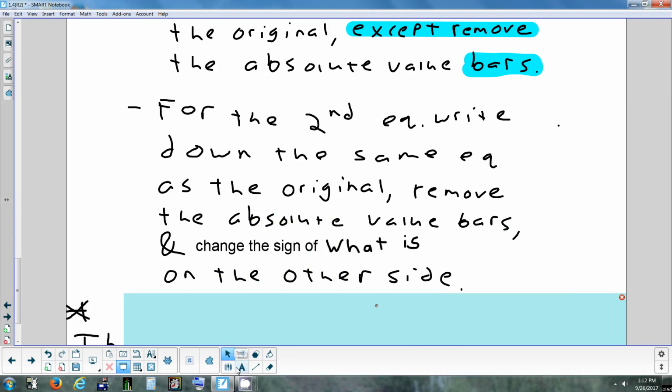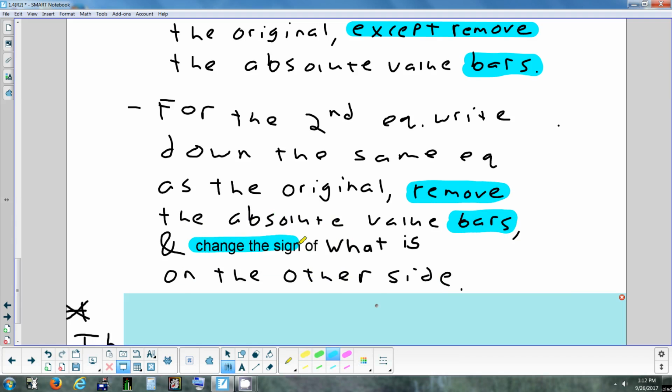The second one we write is going to have two things different. What's one thing that's going to be different from the original? Both of these are going to have this. Both equations we write are going to have no what? We're breaking out, so no more bars. The bars are gone in both equations that you write.